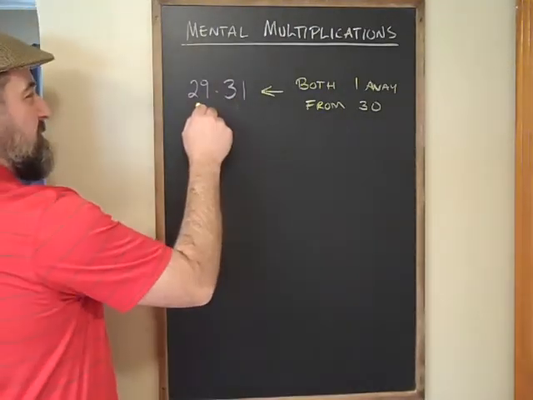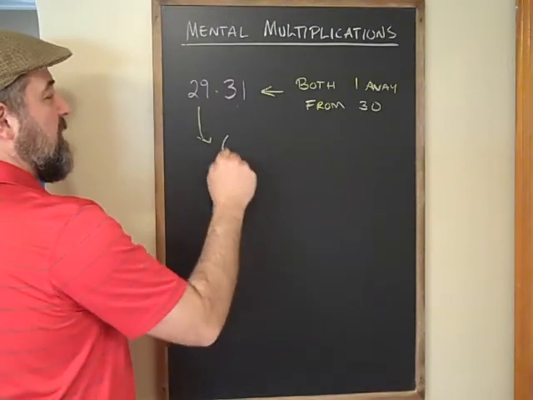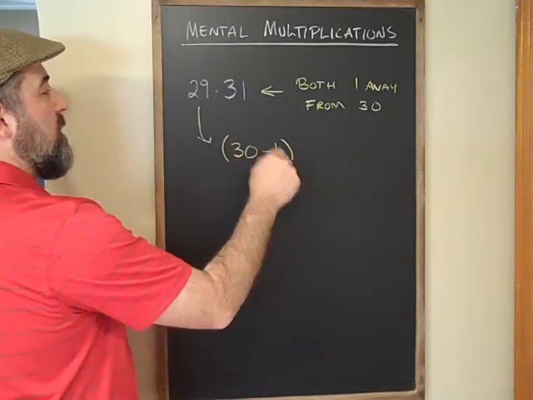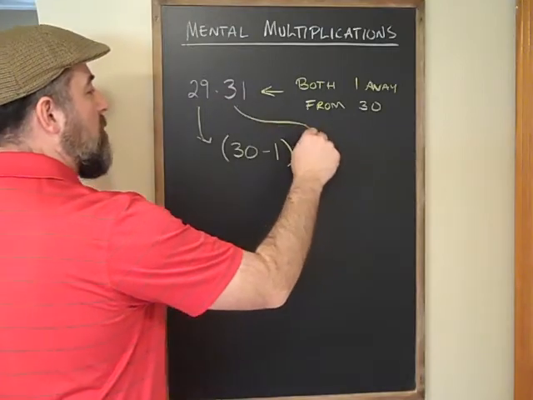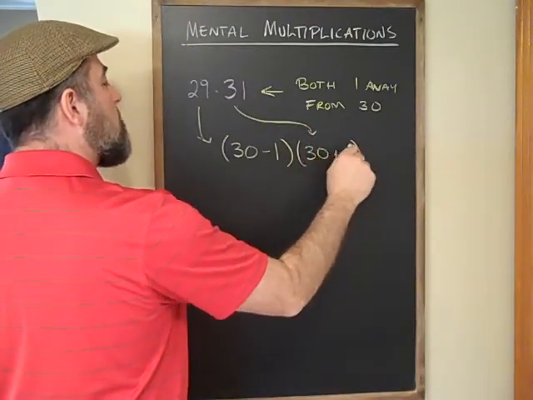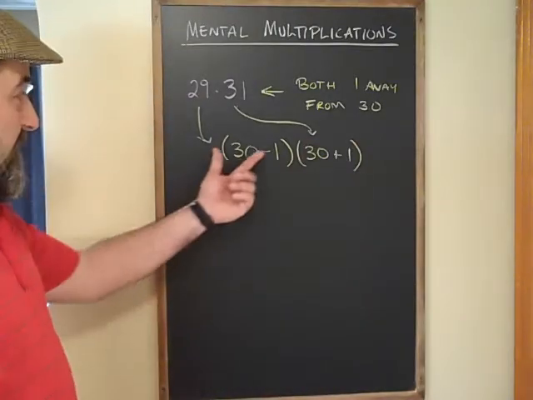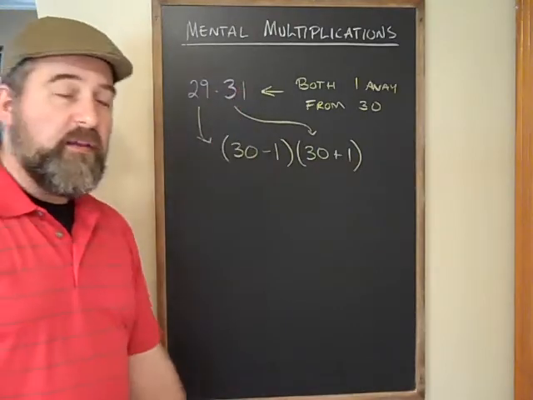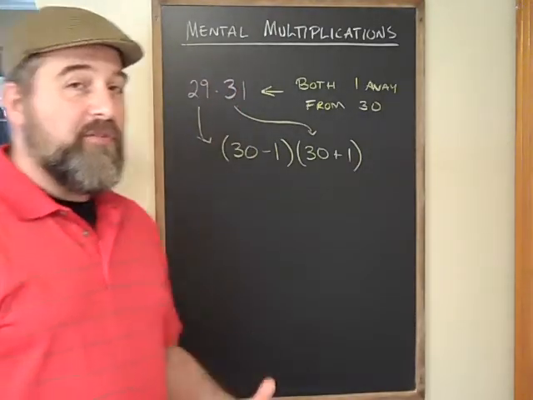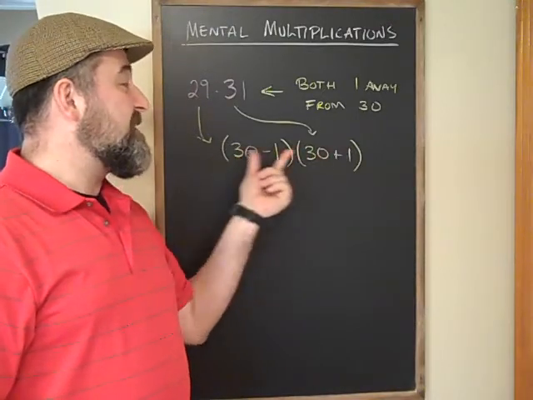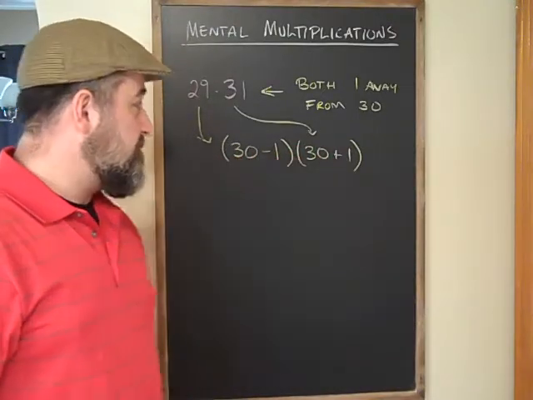So I can write 29 as 30 minus 1, and 31 as 30 plus 1. Now notice, this is 29 times 31, which is what the problem is. And you can do this in your head if you realize this is a sum and difference pattern.